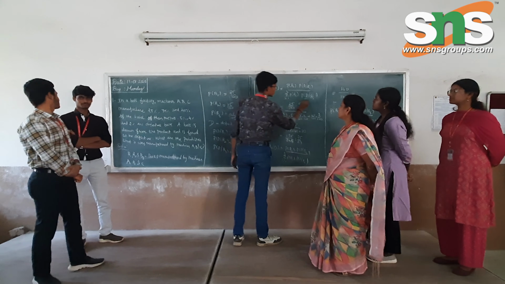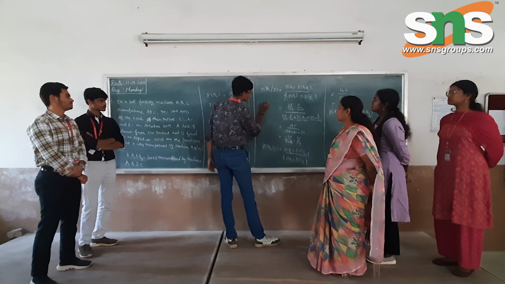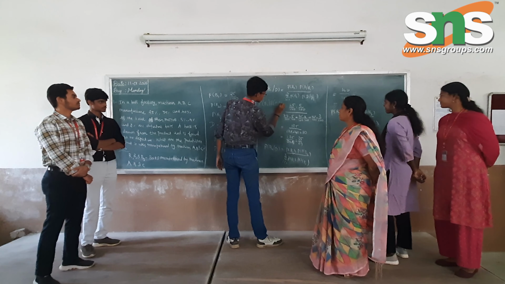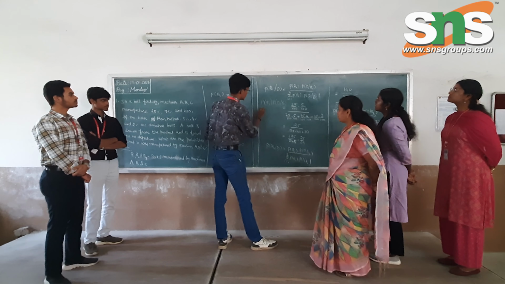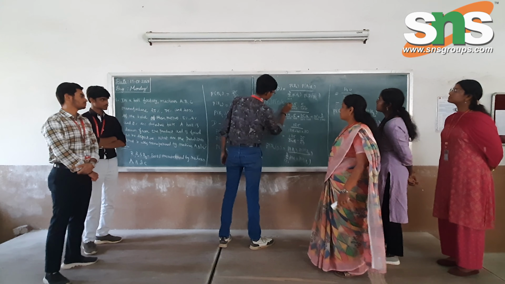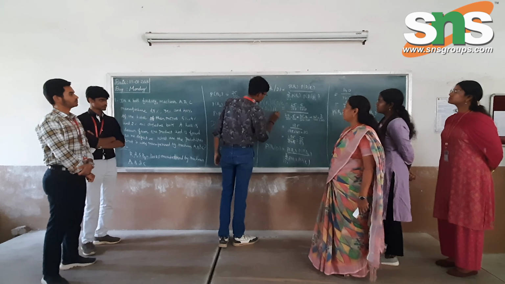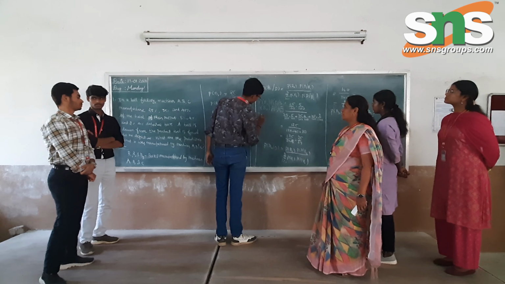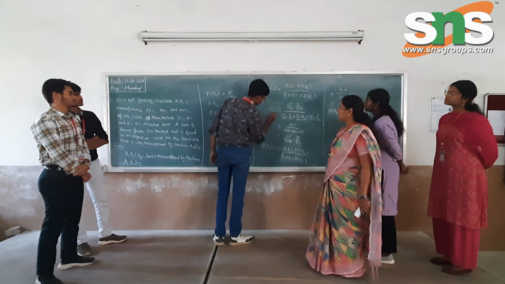So in this position we expand it as P of B1 into D given B1, plus P of B2 into D given B2, plus P of B3 into D given B3.